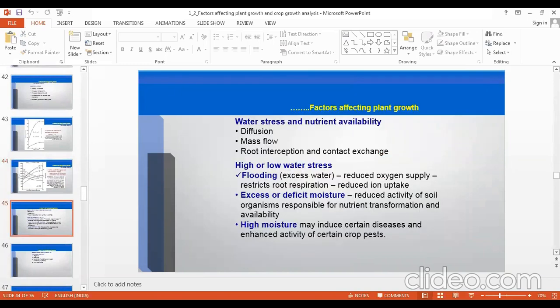Now we move on. Water stress and nutrient availability is important. Sir, is it applicable for all the crops or only the barley crop? No, it is not applicable to all the crops. It is applicable to crops which need less water, where the water requirement is relatively lower.